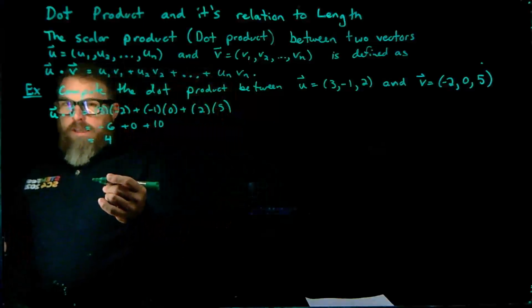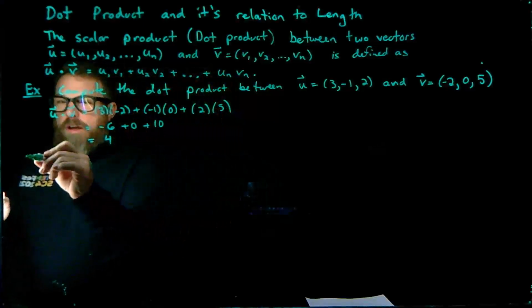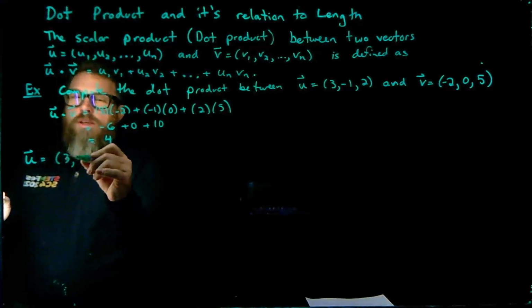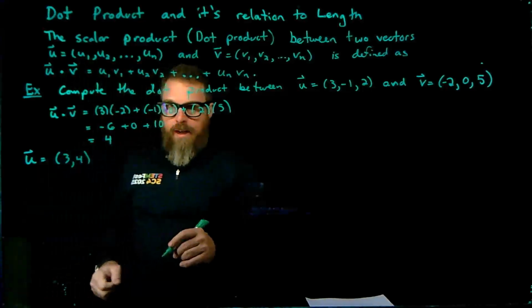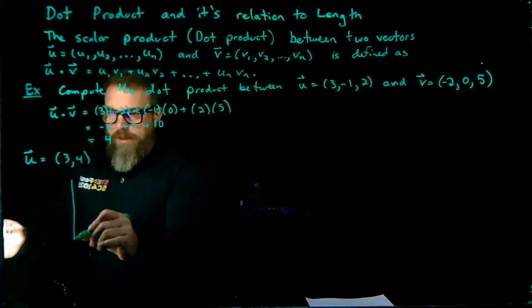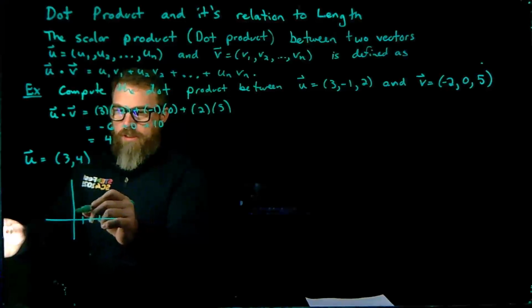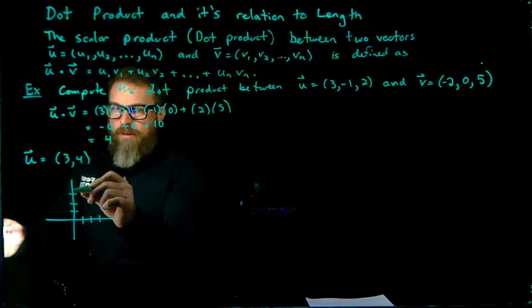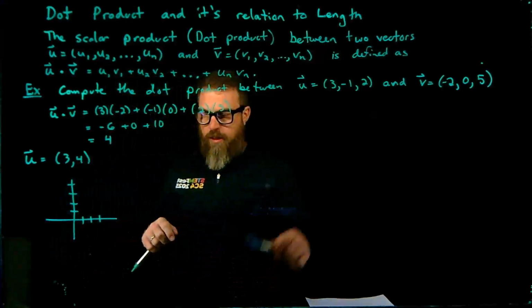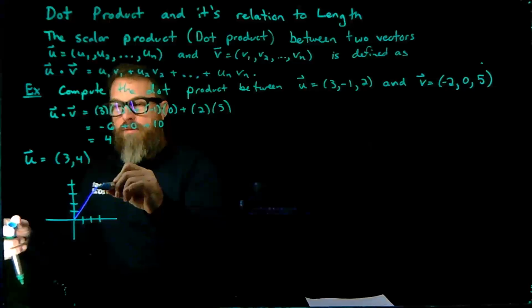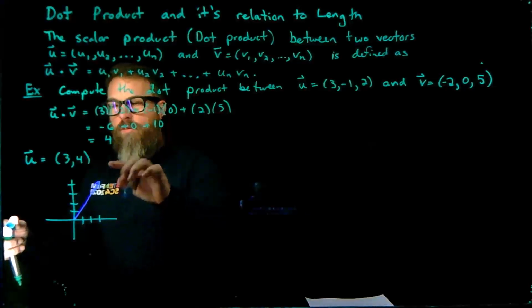So if you want the length, say if I have a vector u, which is equal to 3, 4. Now if I wanted to draw this vector, what I know is it's going to go 3 in the x and then 4 in the y. So that vector is going to look like this, our vector u, 3, 4.